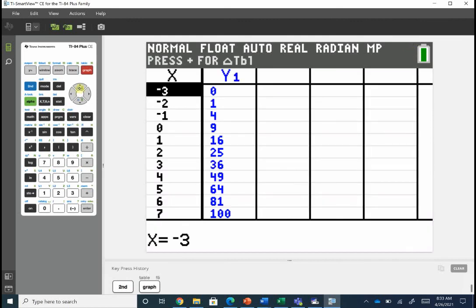Now, since we went left 3, the middle of my graph is going to be over at -3. So those transformations are going to help you know where your graph is located. My graph went to the left 3, so I need to find -3 in my table. And again, I'm just going to grab a few points.